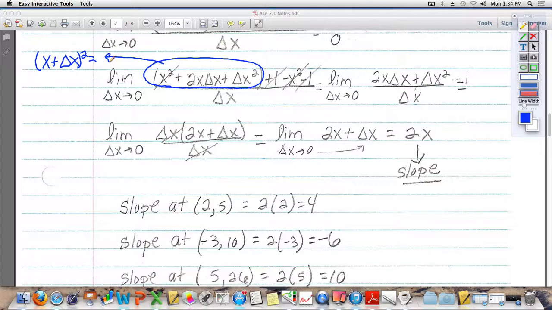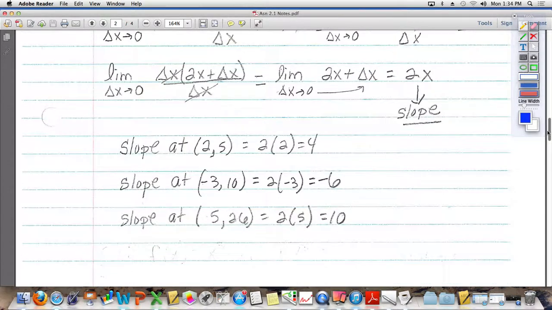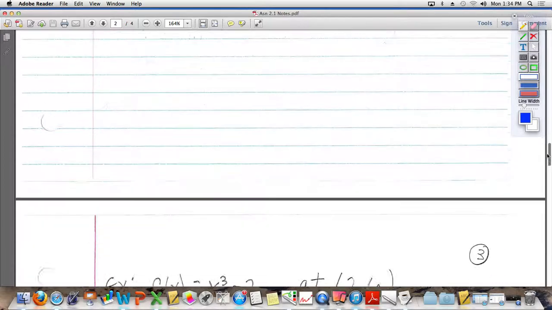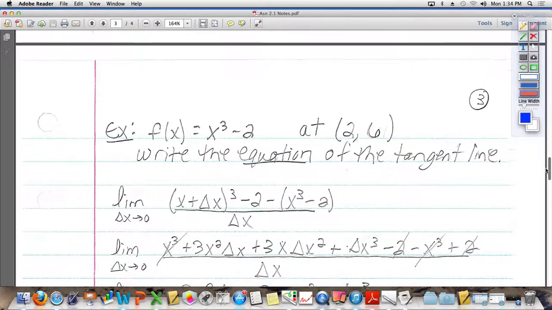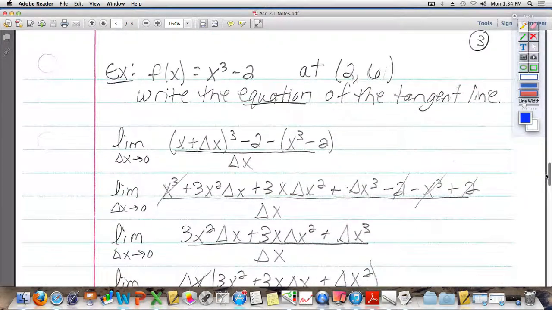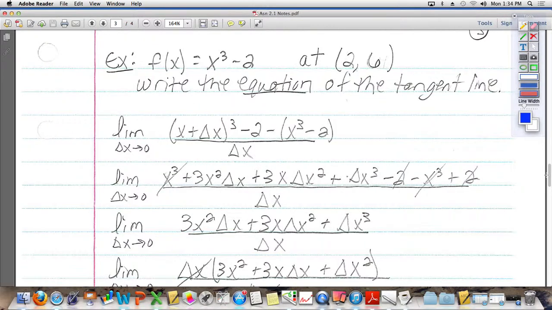So whenever you have to square x plus the change in x, you don't have to do all the math. You can just go right to this and write it down. It'll save you lots of steps, lots of work, lots of time. Can I go on? Yep, you have this written in your notes. You guys can look back. I'm asking you to write that because hopefully you notice that in the next problem, you need to cube it, and then it gets ugly.